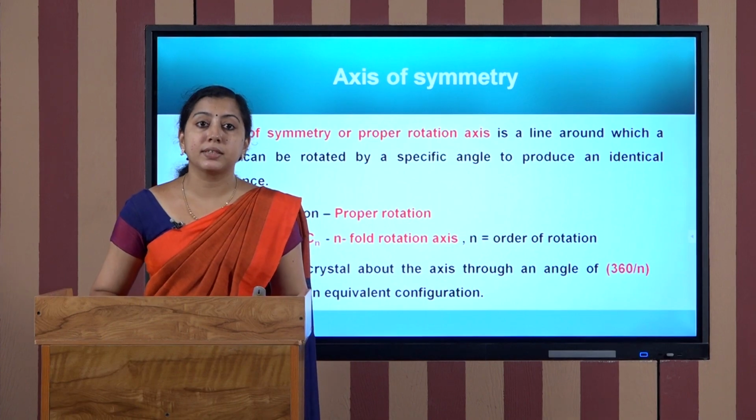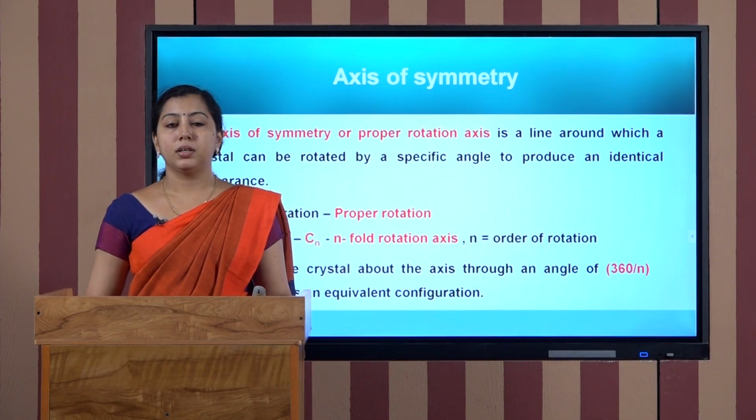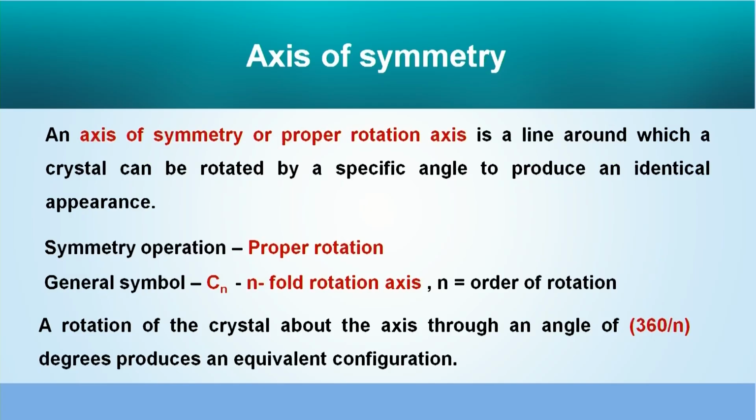First one is axis of symmetry. The axis of symmetry, or otherwise known as proper rotation axis, is an imaginary line around which a crystal can be rotated by a specific angle to produce an identical appearance.